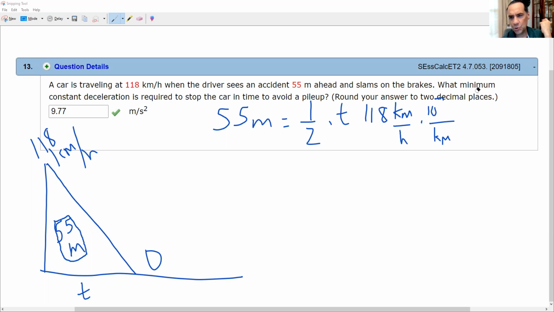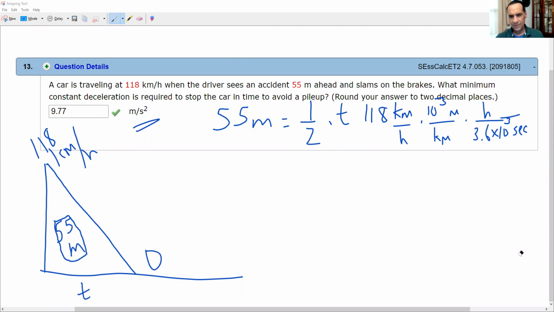I also have to convert the hours to seconds, because time is going to be in seconds. So 1 h equals 3.6 times 10 to the third seconds. I'm using scientific notation a little bit. And remember, if I talk too fast, you can always watch this slower.